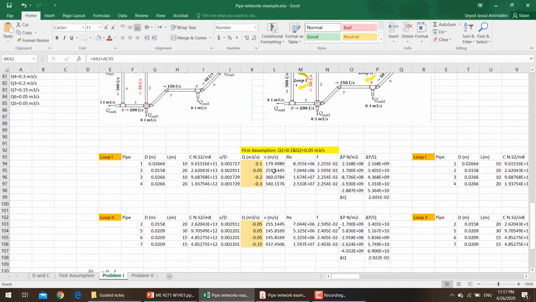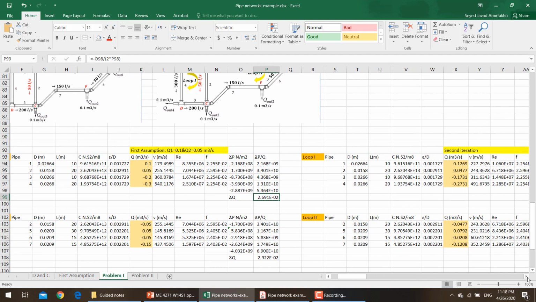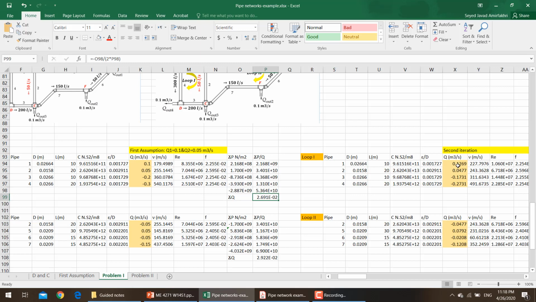So again, I just calculate the velocities, Reynolds number, friction factor, delta P, and then I calculate the sigma delta P_i, sigma delta P_i over Q_i, and then I calculate the delta Q for each loop. And then based on these values, I calculated the new actual values for Q's.